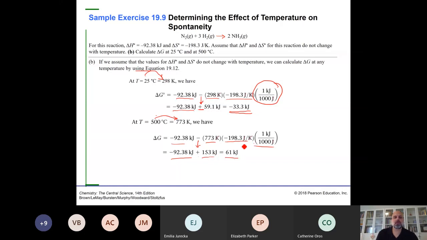So you can see we now have an unfavorable free energy at plus 61 kilojoules. So by increasing the temperature from 25 degrees Celsius to 500 degrees Celsius, we go from having a favorable free energy to an unfavorable free energy.